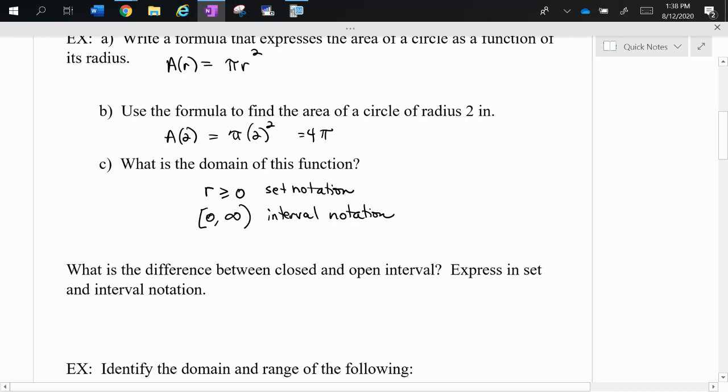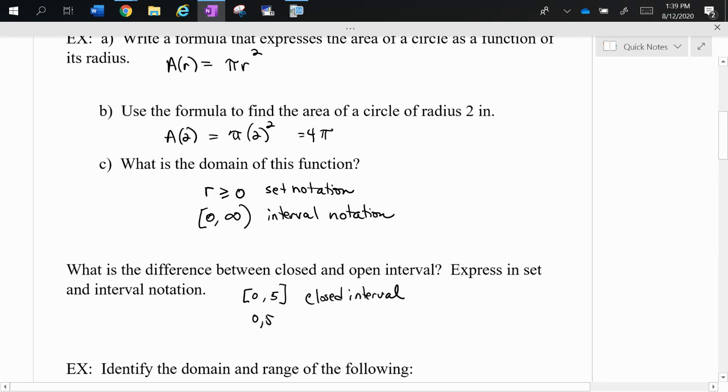Our interval from 0 to infinity. And we have a closed interval here. Let's say 0 to 5. When I want to say at least 0 and not more than 5, or all the numbers between 0 and 5, including 0 and 5, then I would call that a closed interval.